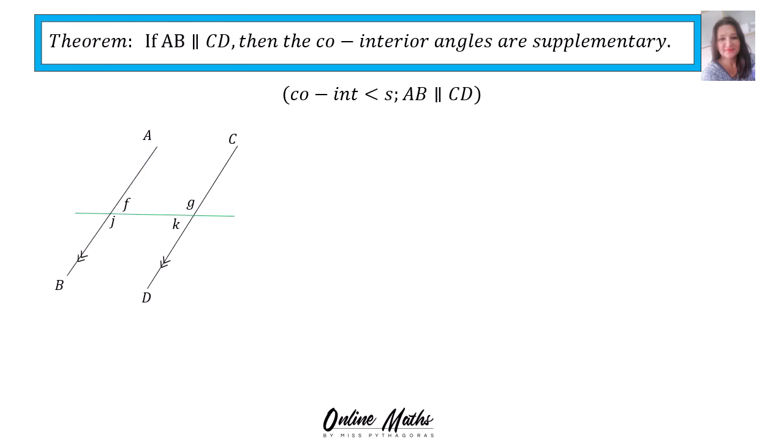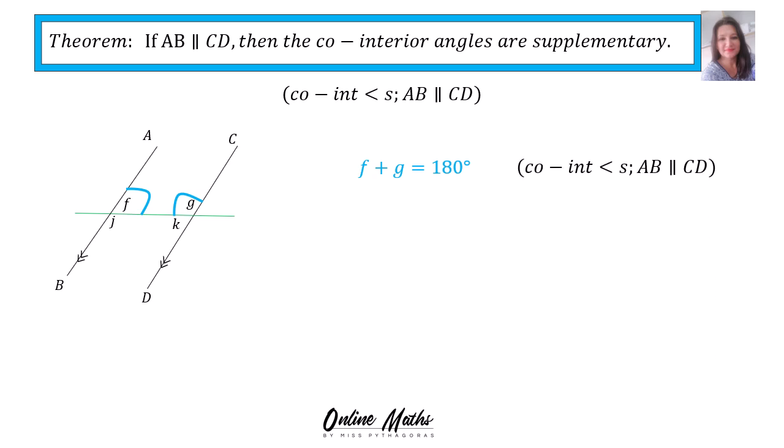Now this is still the theorem. If AB is parallel to CD, then the co-interior angles are supplementary. It's just that your sketch is now the other way around. So where do we find the co-interior angles on this sketch? We have that angle F plus angle G is equal to 180 degrees.